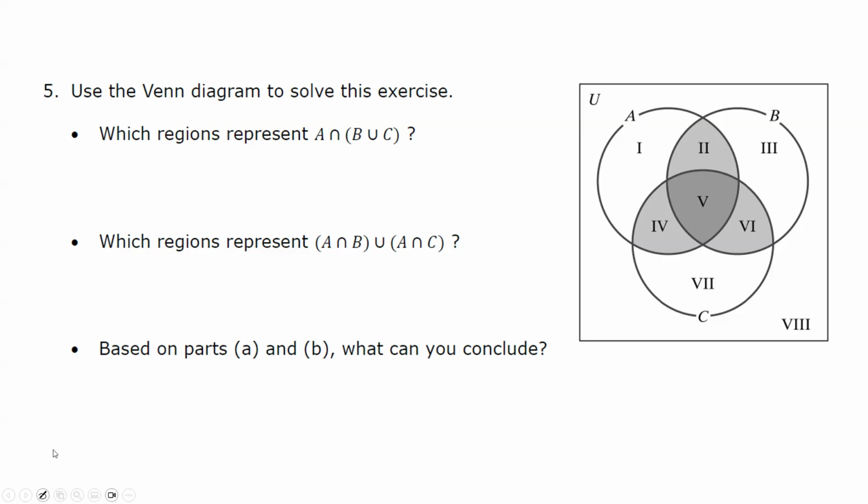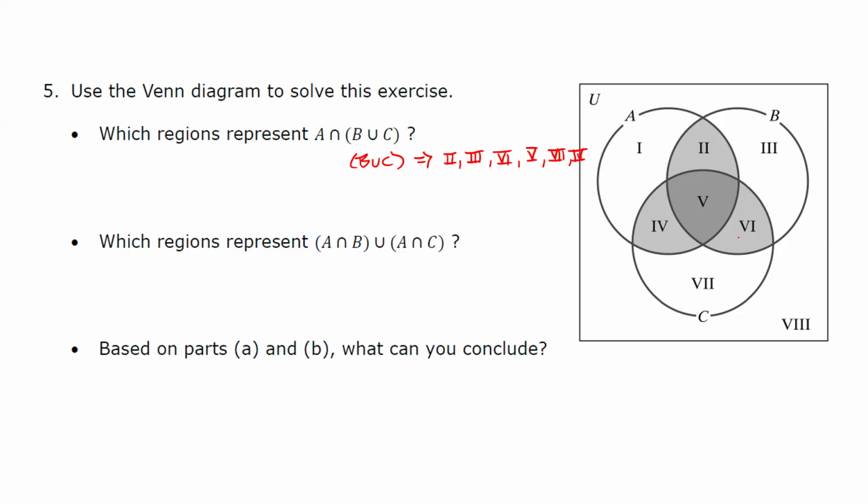So let's flesh this out so you can have this in your notes. So B union C would be the regions 2, 3, 6, 5, 7, and 4. I forgot 4.